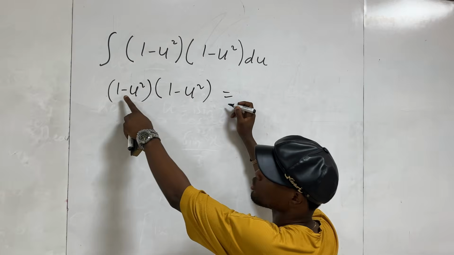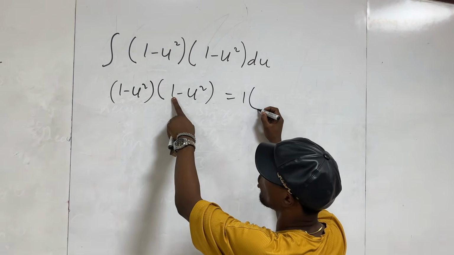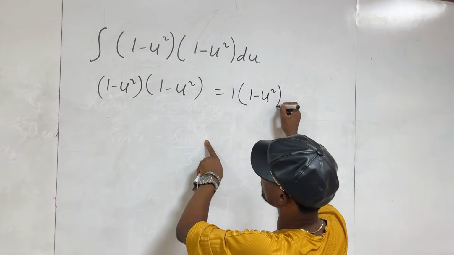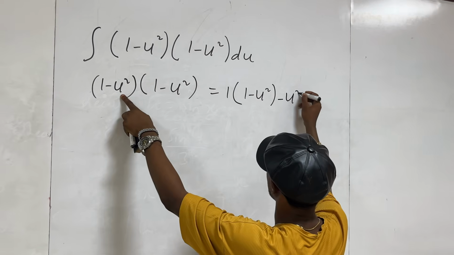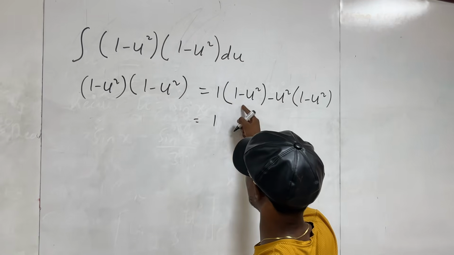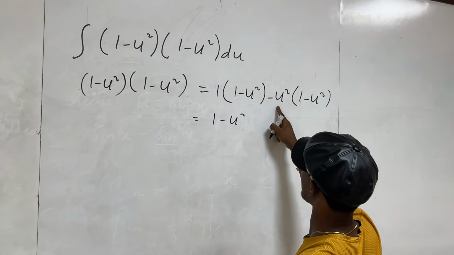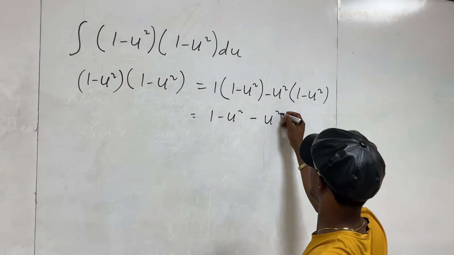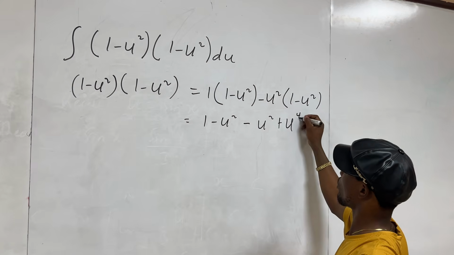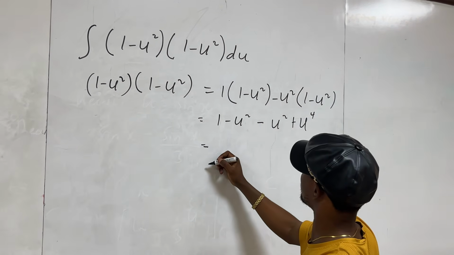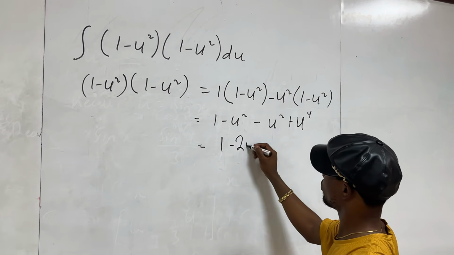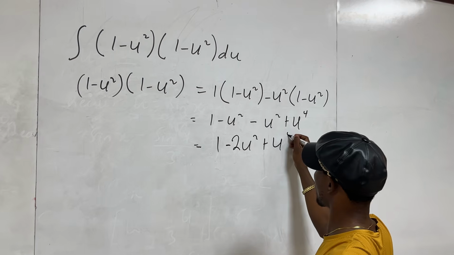You pick the first term, open bracket, then you put everything here in the parentheses: 1 minus u squared, then minus u squared times 1 minus u squared. Let's expand. I have 1 minus u squared, minus u squared, negative and negative is positive, then I have u to the power 4. Therefore we have 1, then minus 2u squared, then plus u to the power 4.